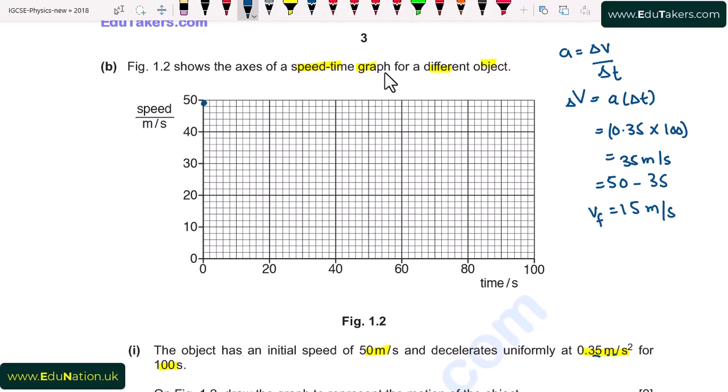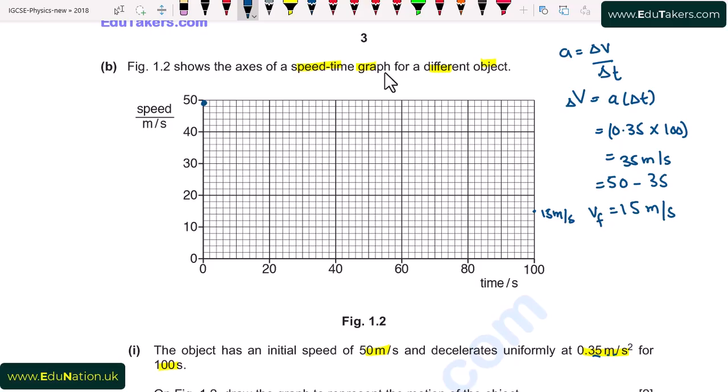It is the final velocity and initial velocity is given. So we have to find out the point where 15 meter per second lies. It will be at this point. So it is 15 meter per second and it is given that the body decelerates. It means that when we increase the time, the speed of the body decreases.